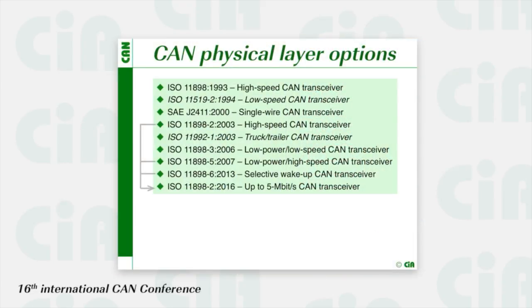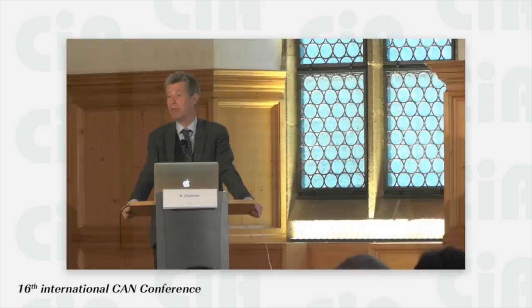Unfortunately, those documents were not in line with the 2003 released high-speed transceiver specification. So different terminology was used, and when we came up with the CAN FD specification, we decided to merge all these three high-speed documents into one, which was published last year.